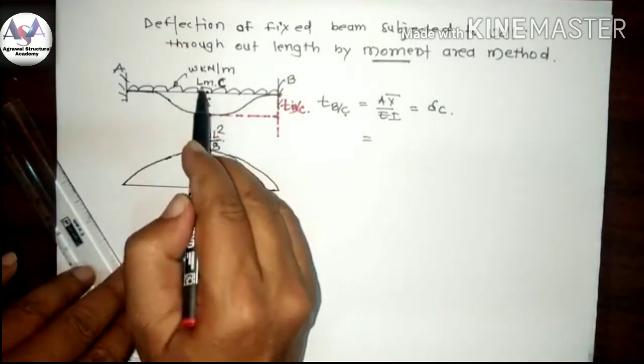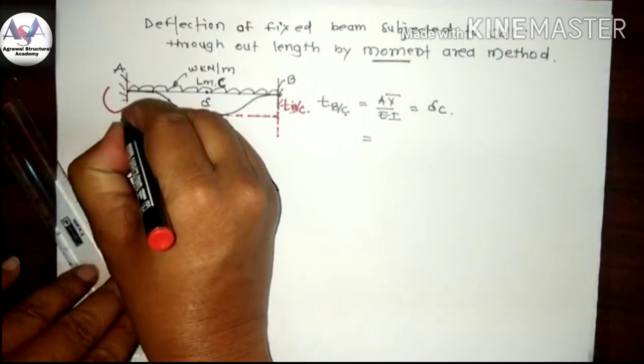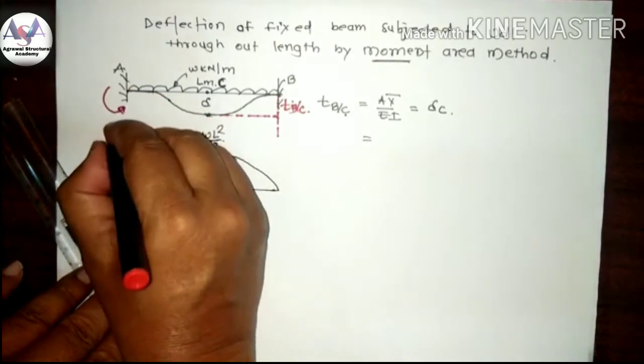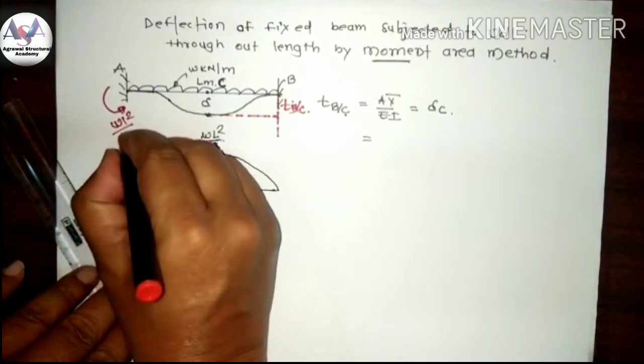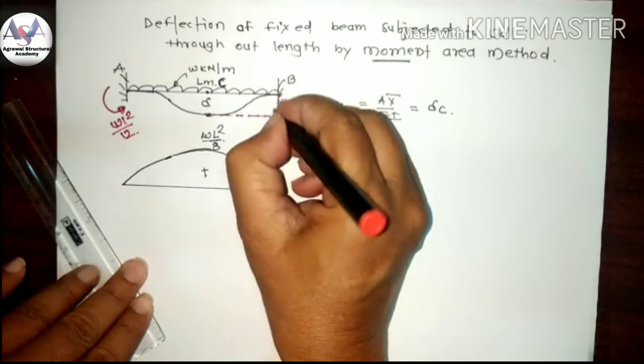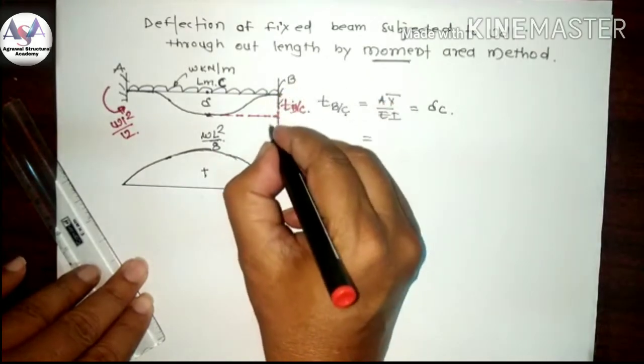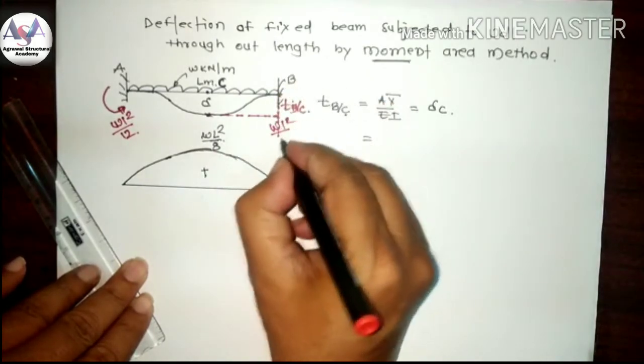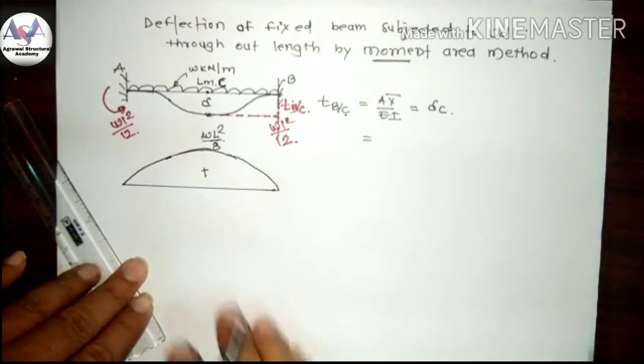Due to the fixity, acting in this direction is the moment MA, which is WL square by 12, and here also there is a fixed end moment of WL square by 12.